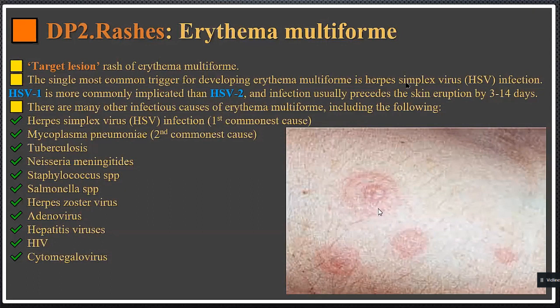Once you see target lesion, when you are studying, use Google. Always use Google. Don't study without Google. Always keep it open in the background. For example, when studying erythema multiforme, search for erythema multiforme in Google images. Why? Because in the exam they can give you any image from Google.